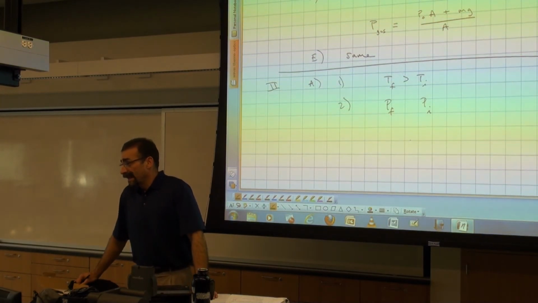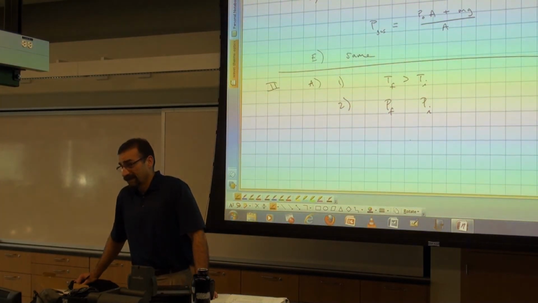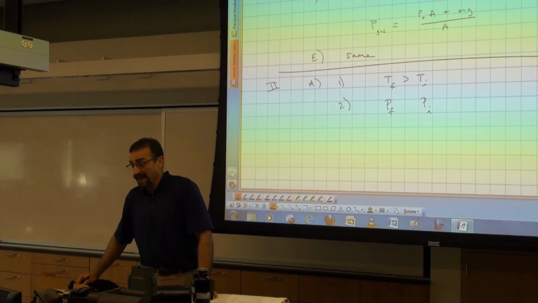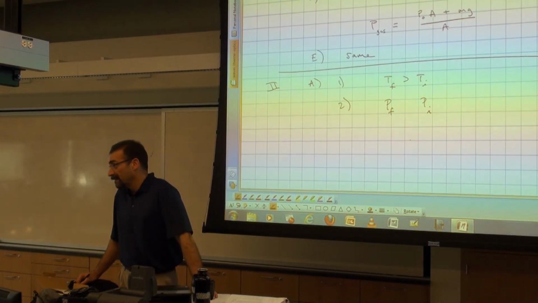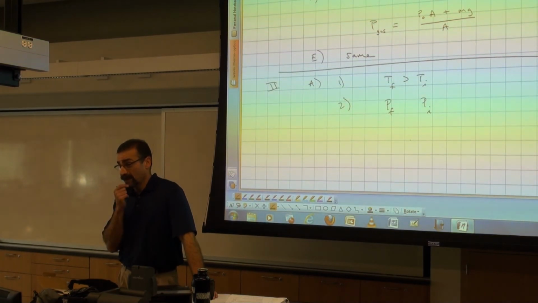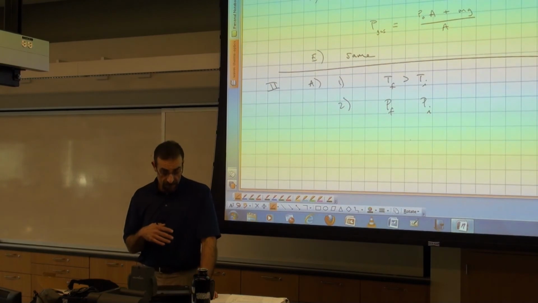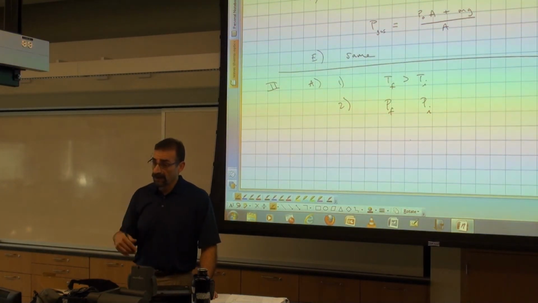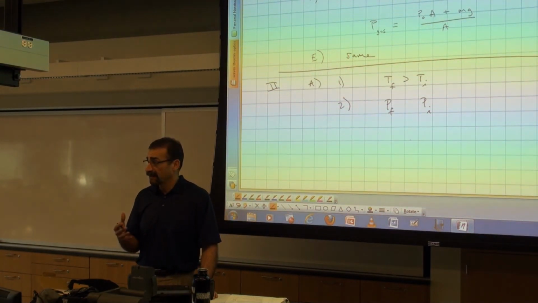So if you did not allow the piston to move, right, if the volume was fixed and you heated it up, the pressure would increase also, right? I think we all agree with that. In this case, the piston's free to move. You heat up the gas, what's going to happen?